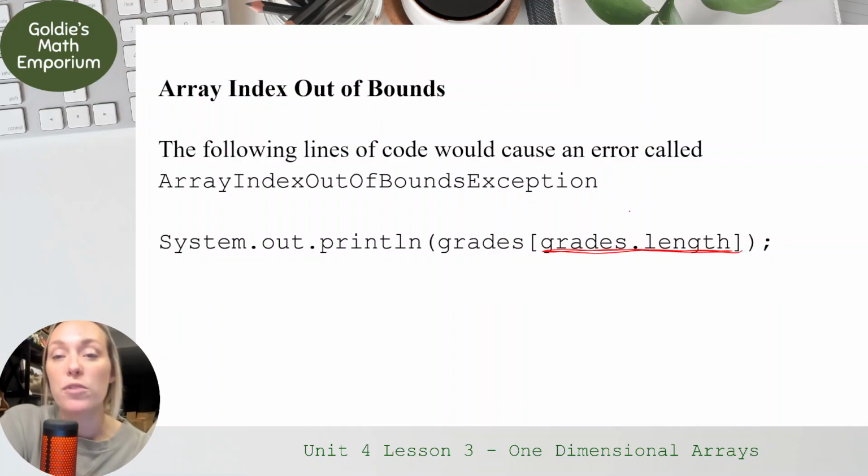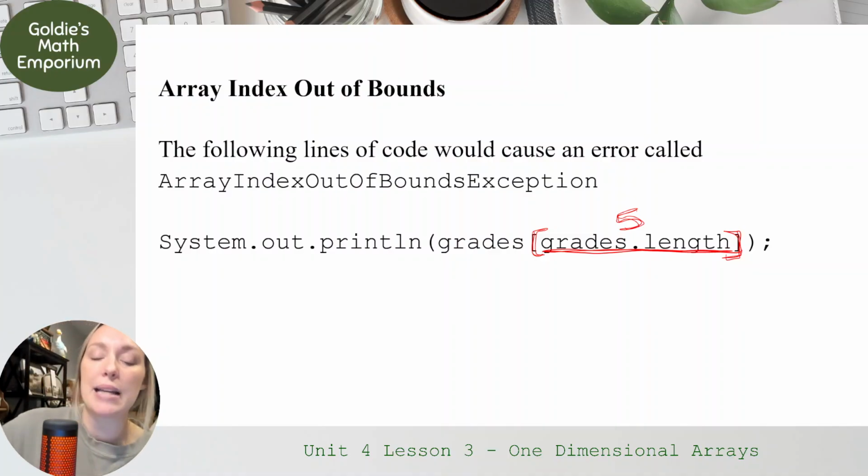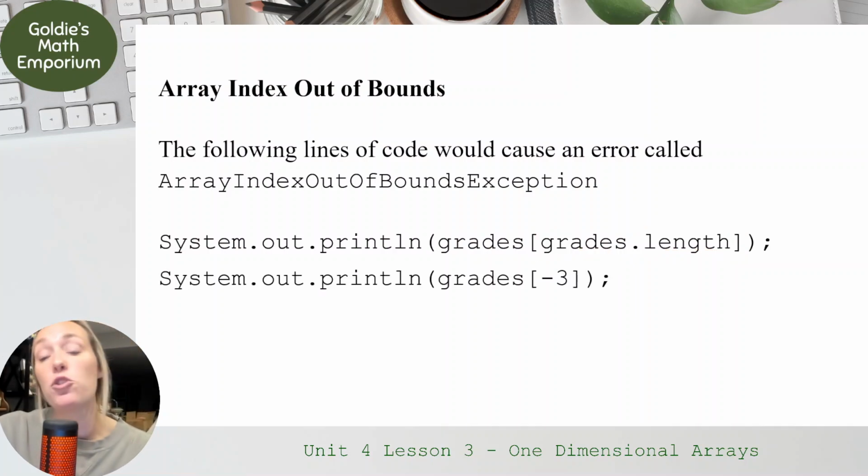There are 5 grades in there. And then in the square brackets here, if you tried to access the 5th index, you would get an array index out of bounds because there is no 5th index. The indexes go from 0 to 4. So because that 5th index doesn't exist, you get an array index out of bounds exception when you run your program. Same thing if you tried negative indexes.